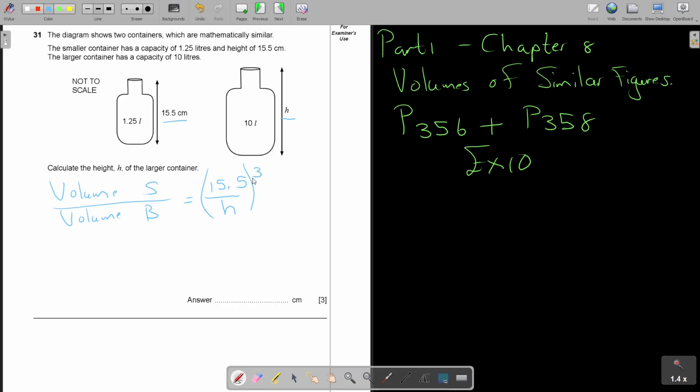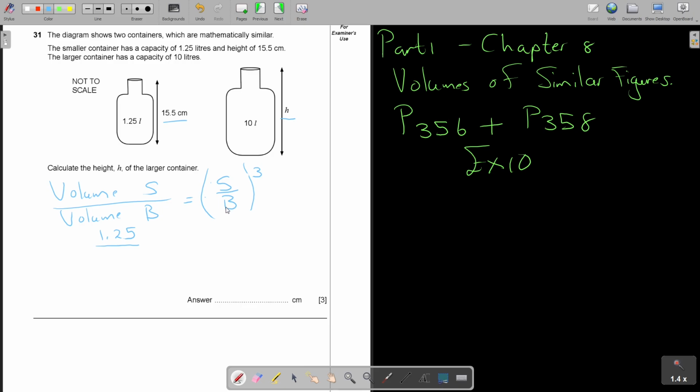Okay. Now I can fill in this one, 1.25. So I could have first said small over big to the power of 3. I think I'm going to do that. Just keep it general first. So say small side over big side to the power of 3.